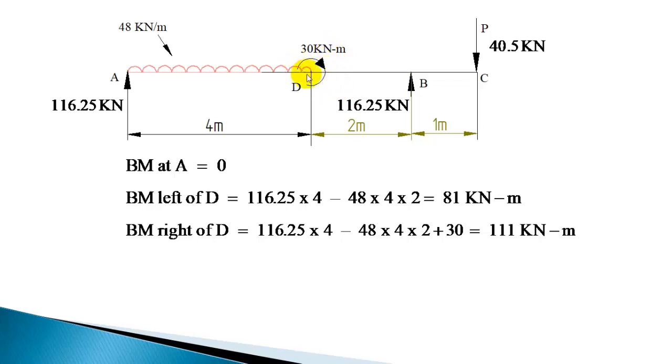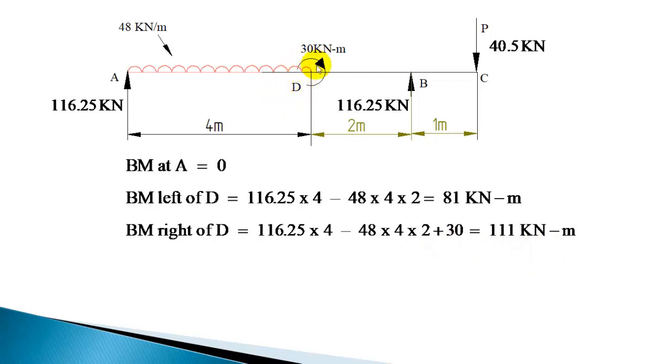So what is the effect at point D where the couple is acting? The couple will increase the bending moment by that amount, 30. So from left to right of D, there is an increase from 81 to 111. Because of the clockwise couple, the bending moment will increase. If an anticlockwise couple of the same magnitude is acting, it will decrease, and you should subtract instead of plus, taking minus.